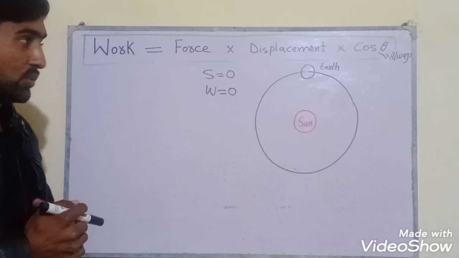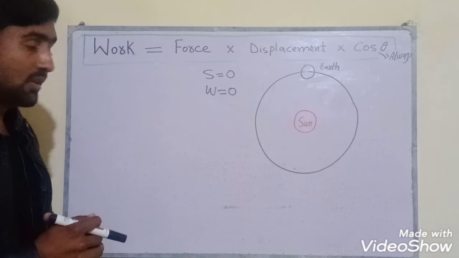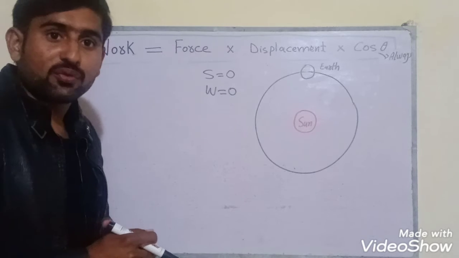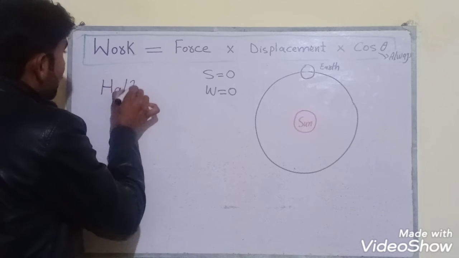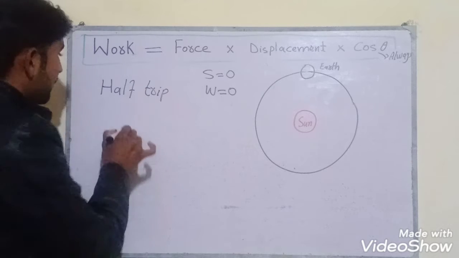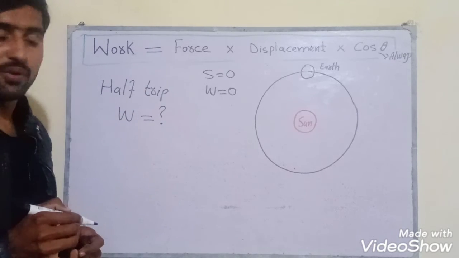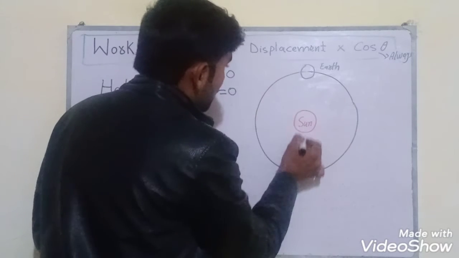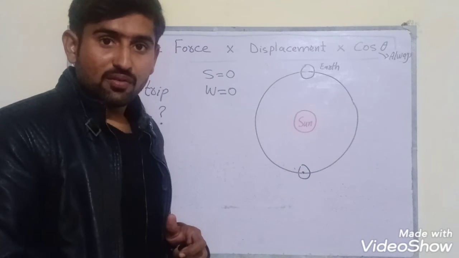If I ask you what is work done when Earth is revolving around the Sun in half of the trip, then what is work done? What is work done in half of the trip? When Earth is going to this position, what is work done?